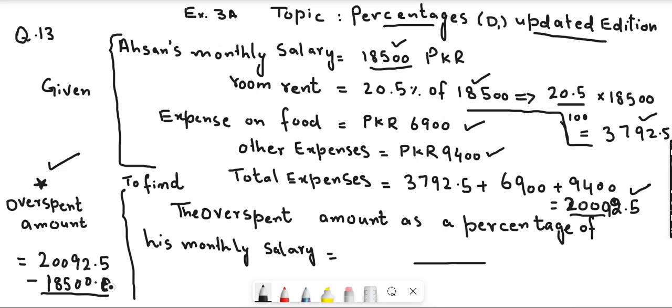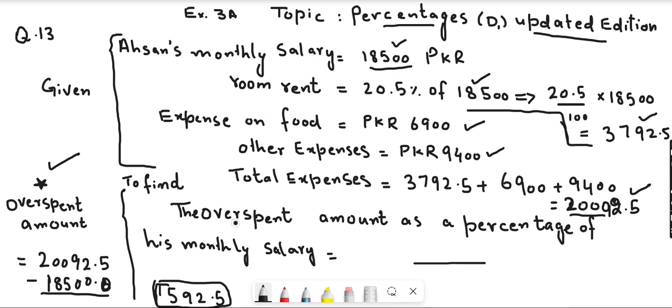So the overspent amount comes to 1,592.5. This is the amount he overspent, almost 1,600 more than the salary.